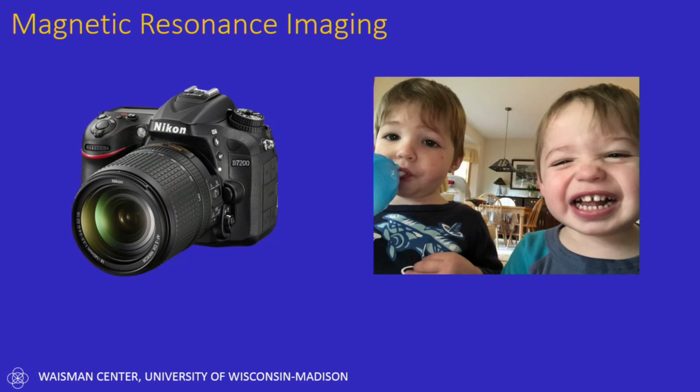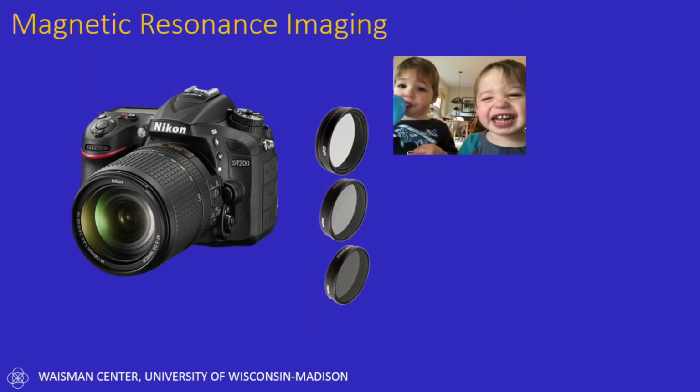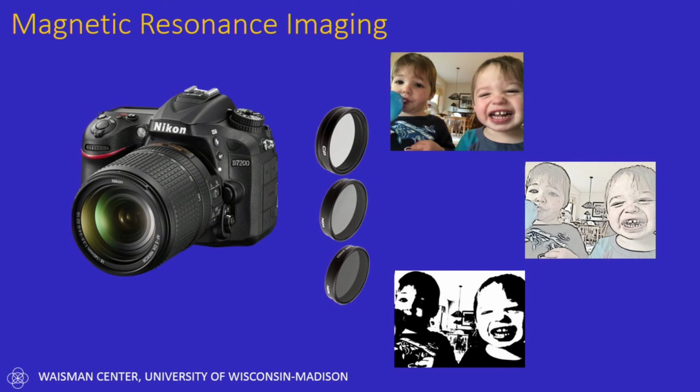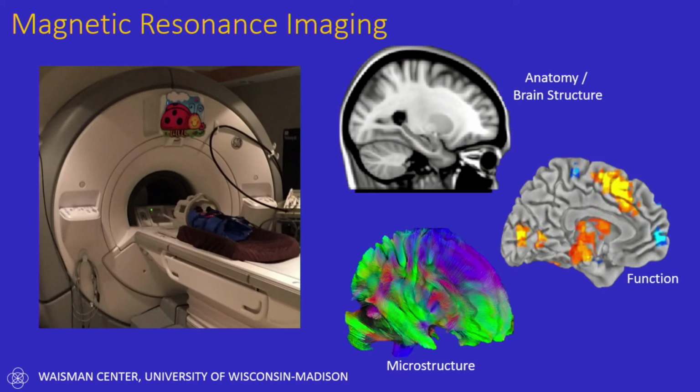Well, I'm going to go back and refer back to this idea of taking a picture now. Just like you can do on your phone, for instance, we can apply different lenses to a camera to get these different pictures, and we can do the same thing with MRI. Instead of a lens, we call it a sequence. So we can apply different sequences from the MRI scanner to get different types of information from the brain.